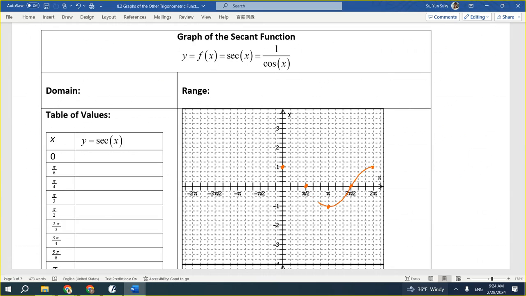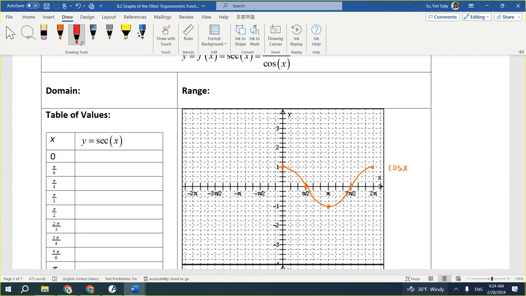And you connect them. This is cosine. Is that okay, everybody? Yeah, that's cosine. Everybody remember, right? If you don't remember, please practice.